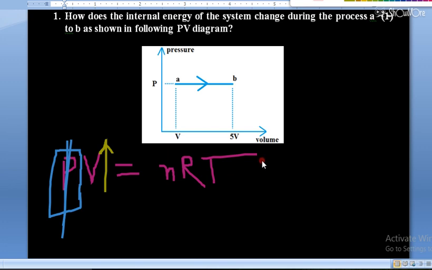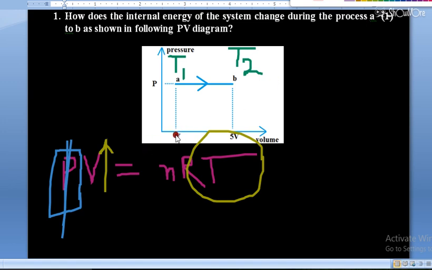So obviously temperature will also change, because if the volume is changing from A to B, then temperature will also change. Now I am taking two temperatures, you can note down: the temperature at point A is T1 and the temperature at point B is T2.